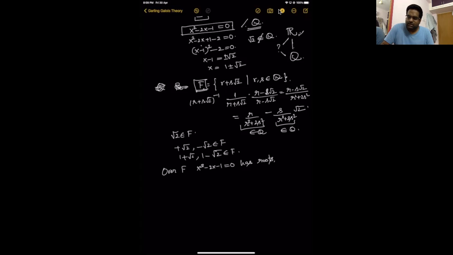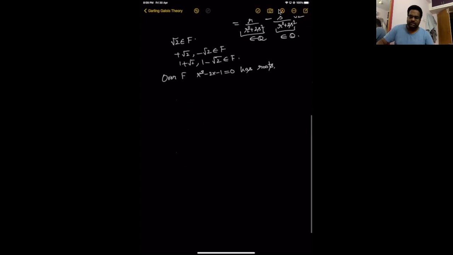The main goal of Galois theory is to describe these kinds of fields: what is the smallest field over which a given polynomial splits, whatever that polynomial is? You want to study such field extensions.